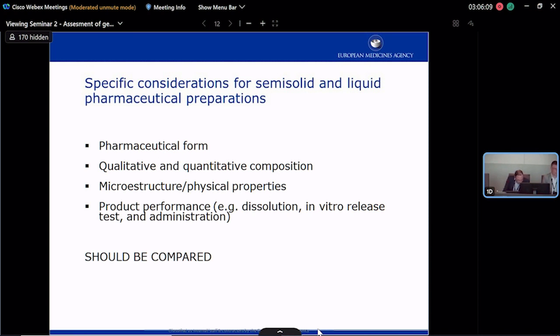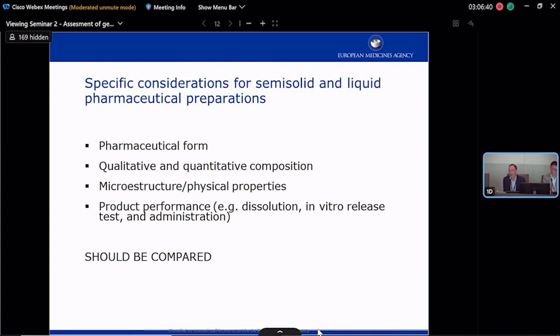And the last one is when it is stated that the microbiological quality after dilution is the responsibility of the practitioner, or microbiological control, or in-use studies. This is the same. It depends on the product, but it's not linked to the reference medicinal product.